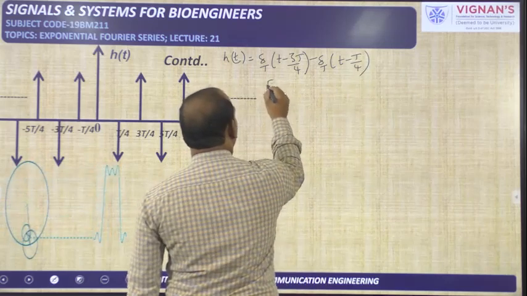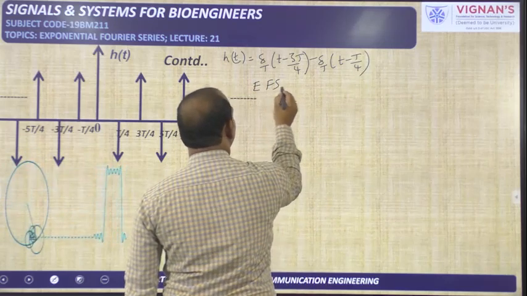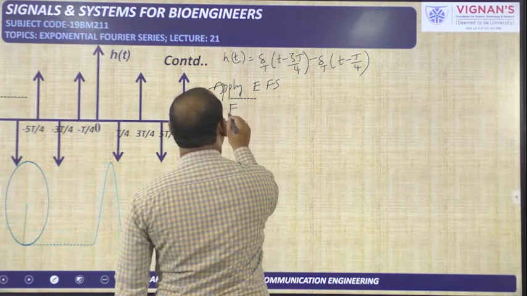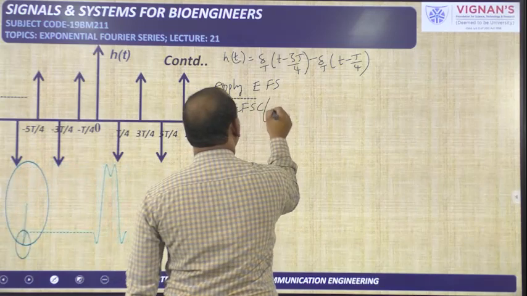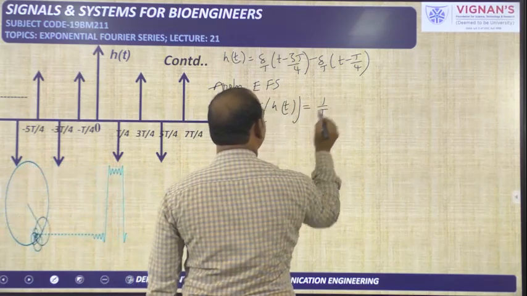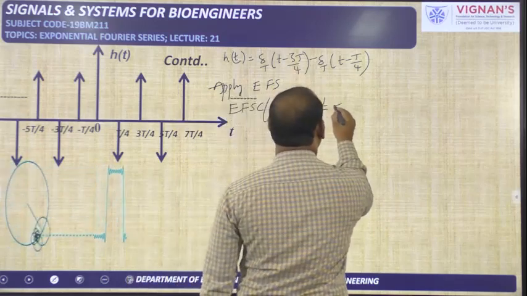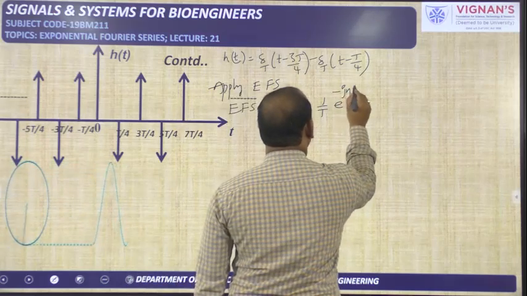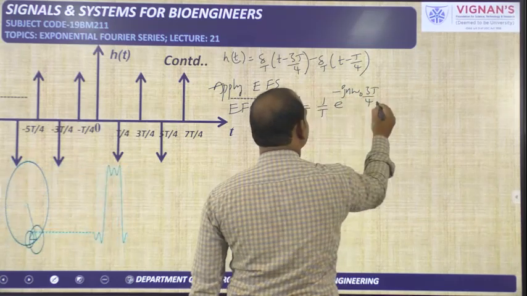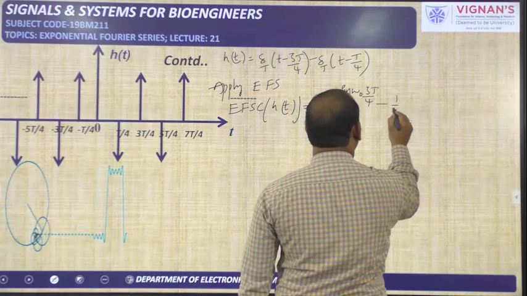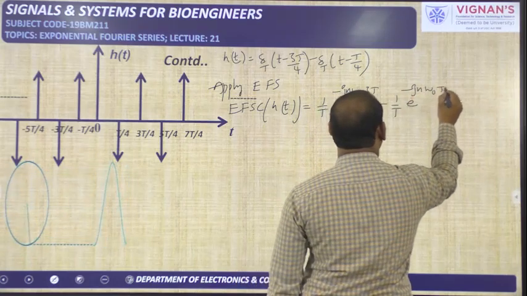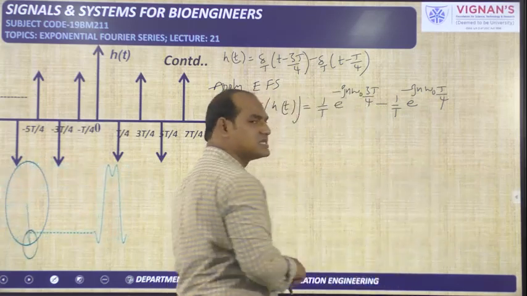If you apply the exponential Fourier series to this, then the exponential Fourier series coefficient of h of t is equal to, for delta T of t, 1 by T is the coefficient, and because of the shifting the exponential will come, e power minus jn omega naught into 3T by 4, minus, for delta T of t, 1 by T, and because of the shifting the exponential e power minus jn omega naught into T by 4. In this way we will get it.